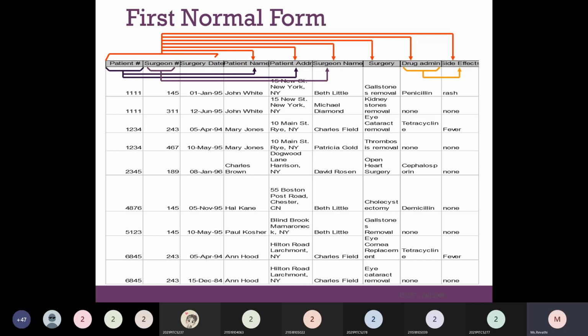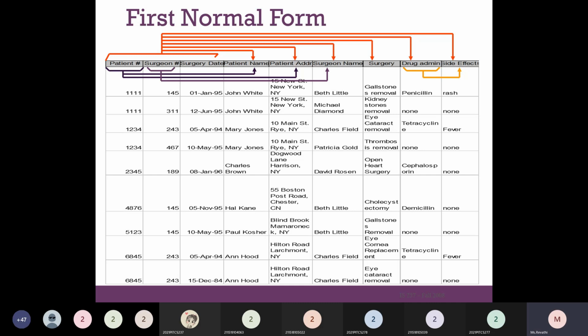So here we have normalized the unnormalized relation into the first normal form by making atomic value entries in each and every attribute. Here it holds one unique value for a particular tuple.